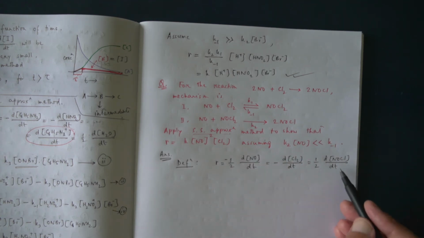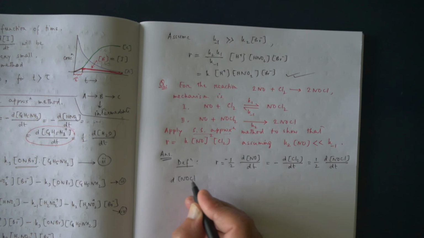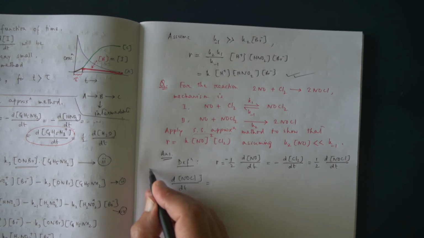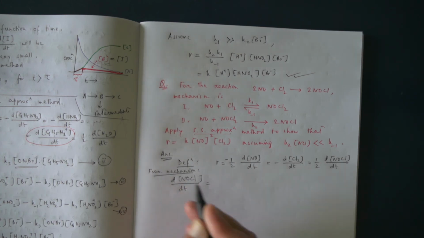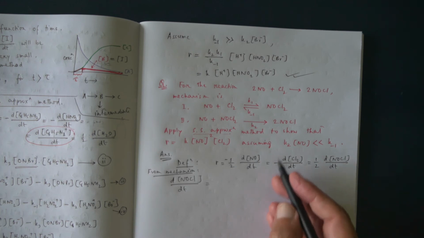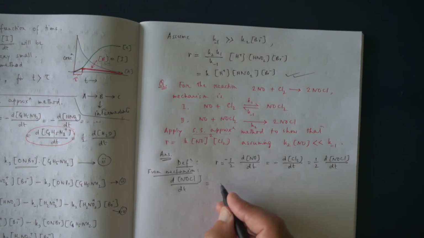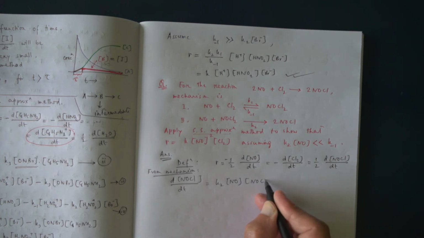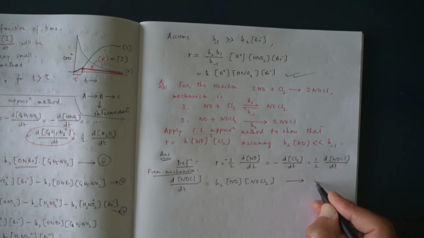Now let me write this. From the mechanism, d[NOCl]/dt equals K2[NOCl2]. This is number 1, and this is number 6.